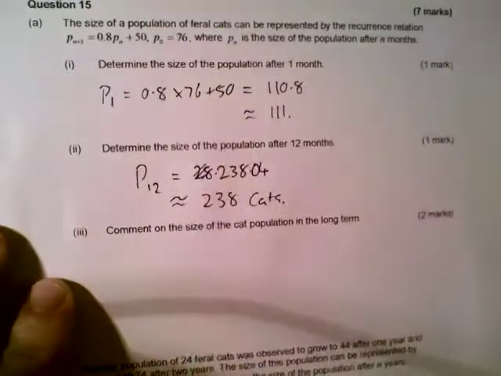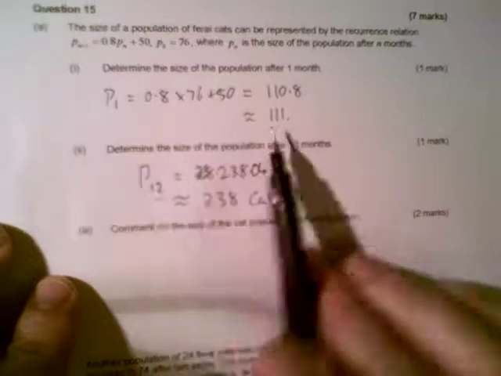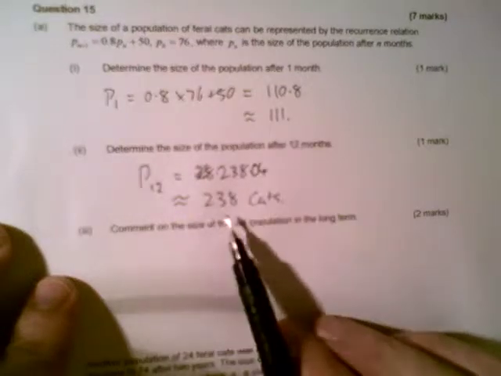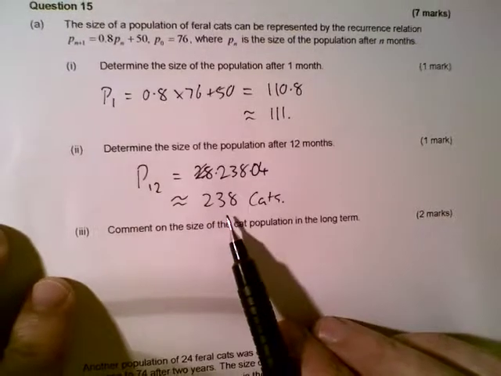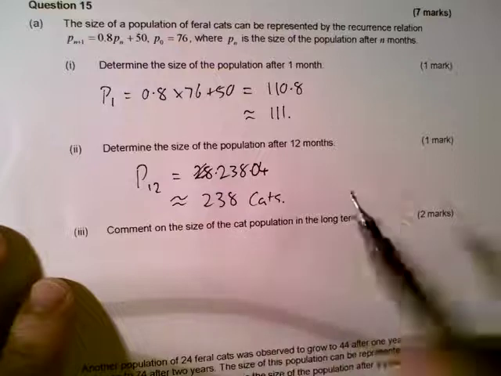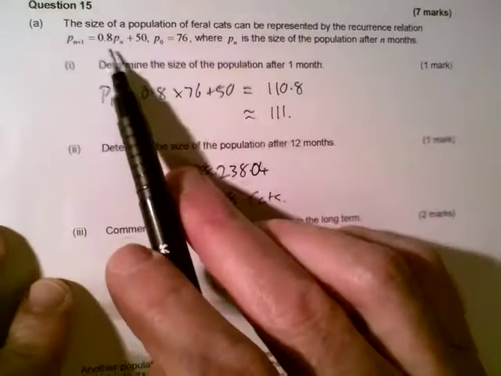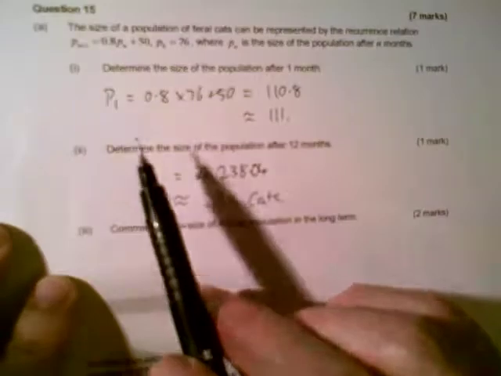But we can see that in terms of our answers so far, P1 was 111, P12 was 238. So it appears it's increasing here, but it says comment on the size of the cat population in the long term. The question is, will the 0.8 Pn here mean that the population will reach some steady limit?